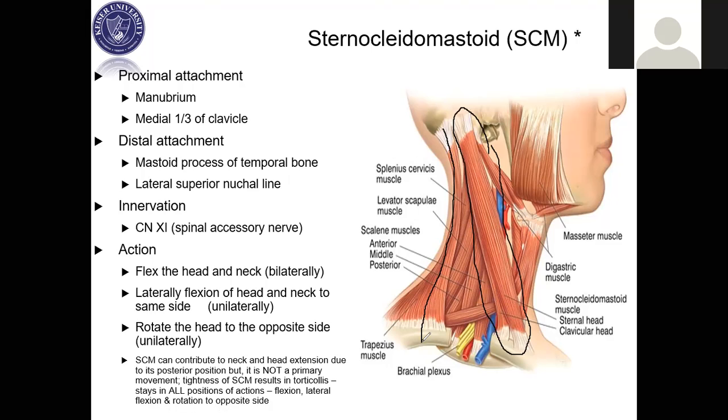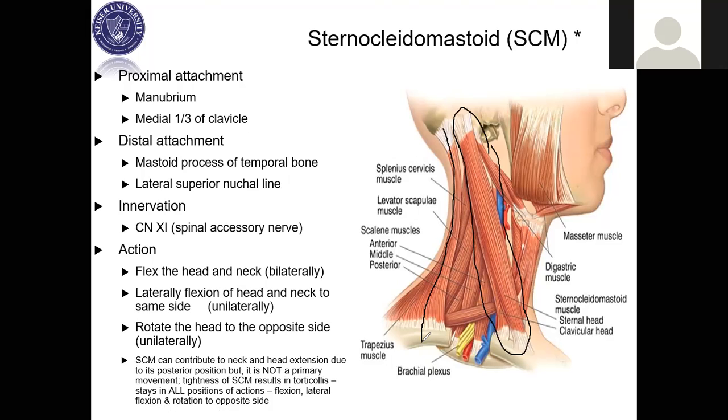So when both sternocleidomastoids work, it flexes the neck. It laterally flexes to the ipsilateral side, and it rotates to the contralateral side.